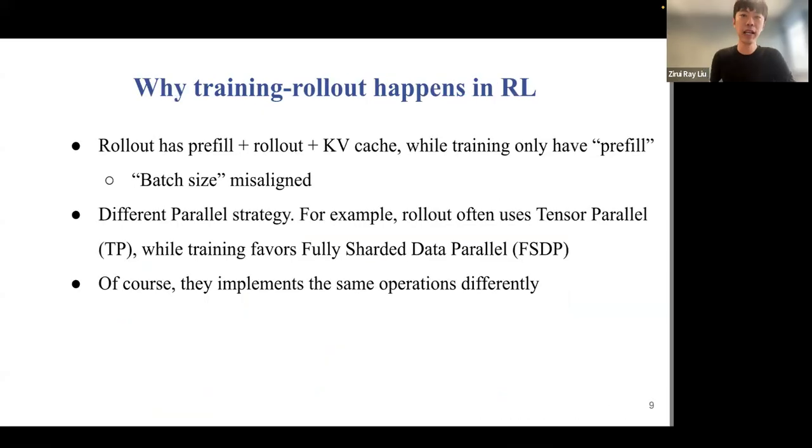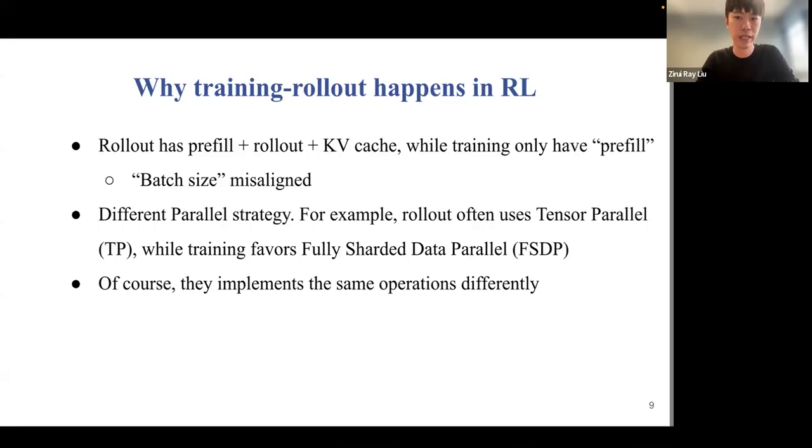And I also want to go into more detail on why, in RL, aligning them is very hard, because they are completely different. For the rollout, you have prefill and decode, and you also have the KV cache, right? For the training, you only have the prefill process, and this is the batch size misalignment. Also, for training and inference, you need to use different parallel strategies.